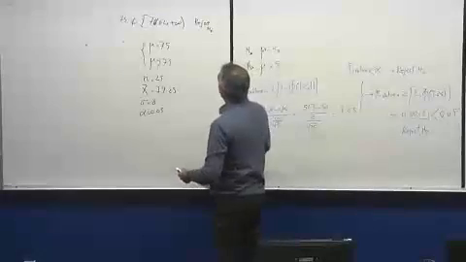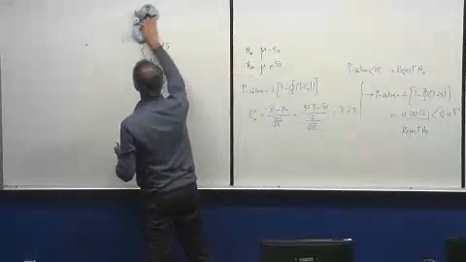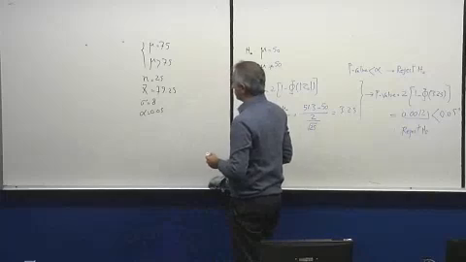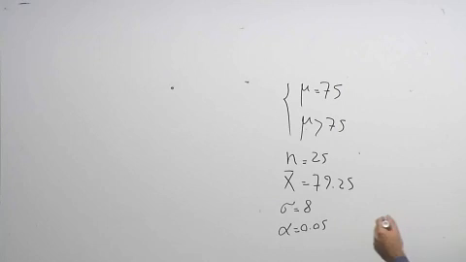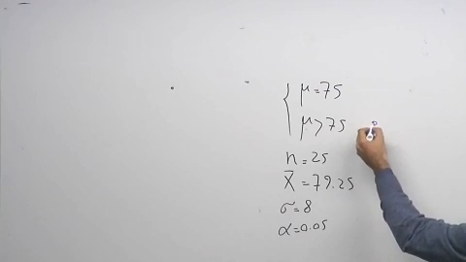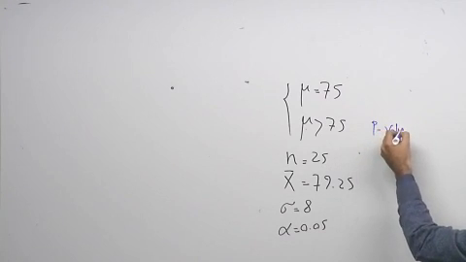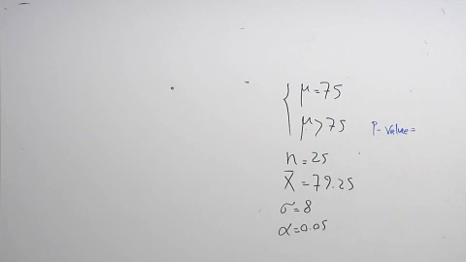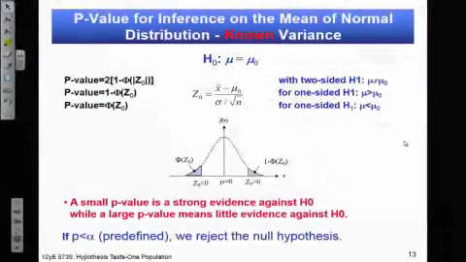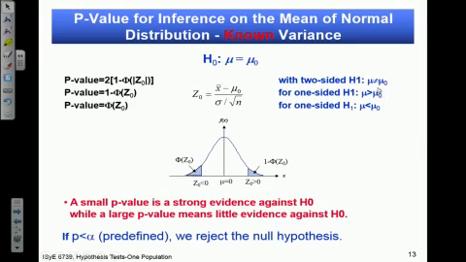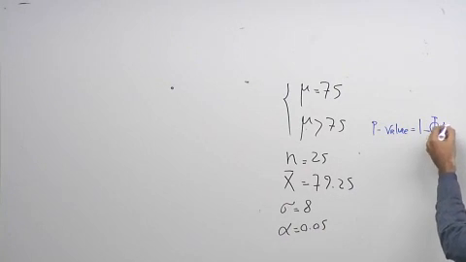This is one-sided, and therefore our p-value is, if I go back, 1 minus phi of z0, since the alternative is mu greater than mu 0.